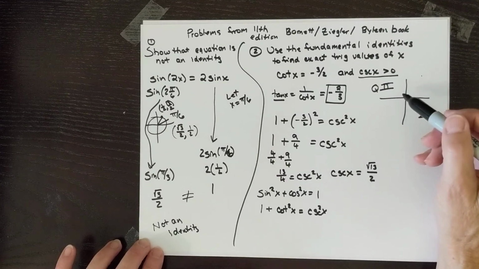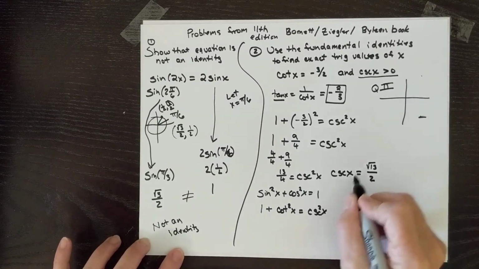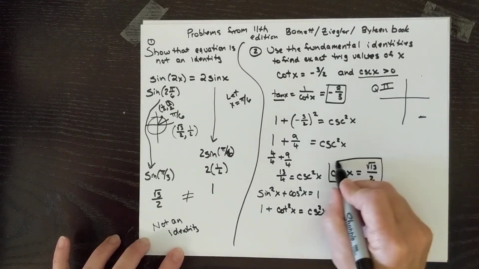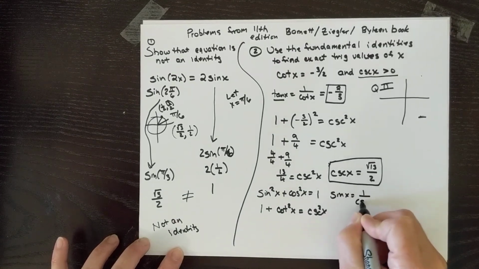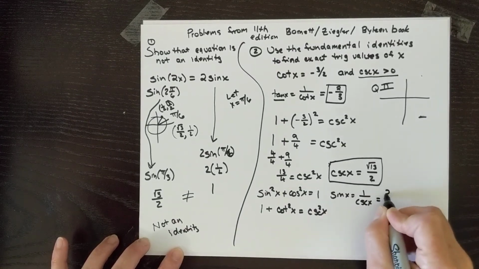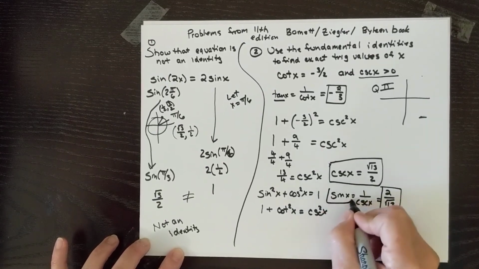I know that's going to be positive because cosecant is related to sine, and that means the y value, and that means it's positive. So let's see, here's our third value. The sine of x is 1 over the cosecant of x, so this is 2 over the square root of 13. That is another trig value.